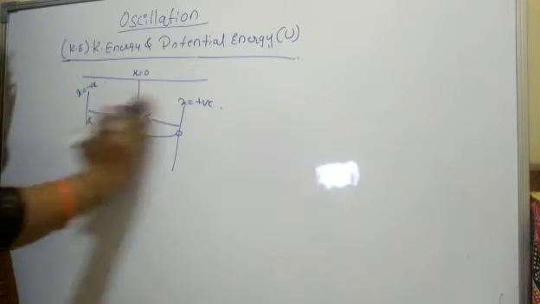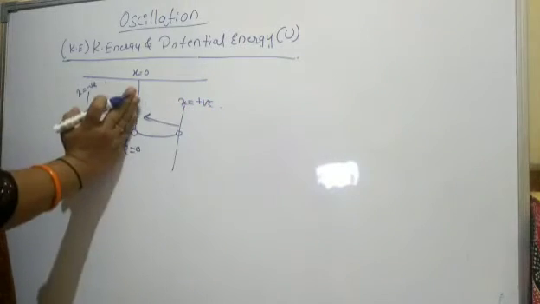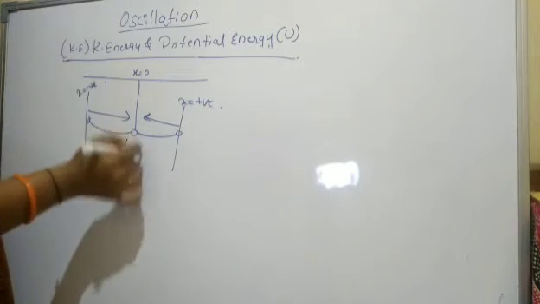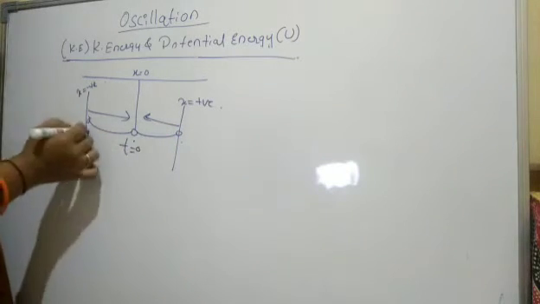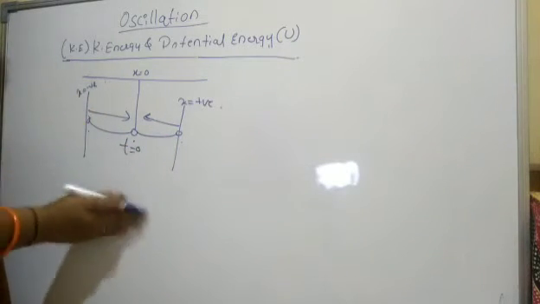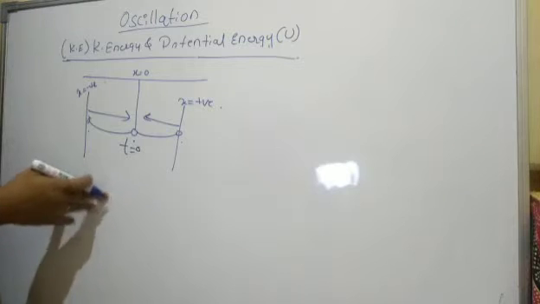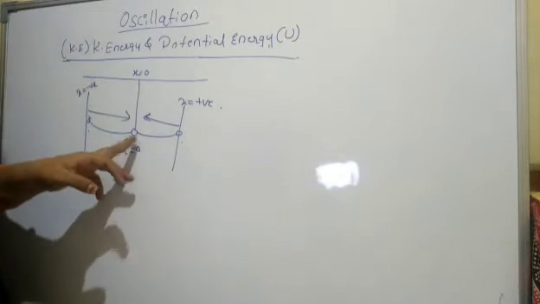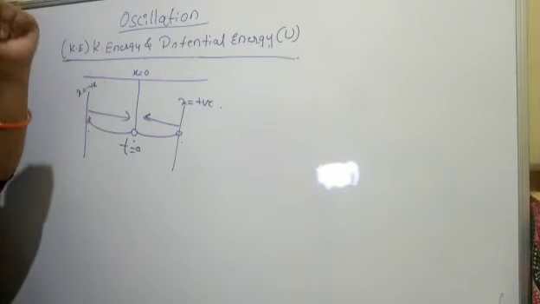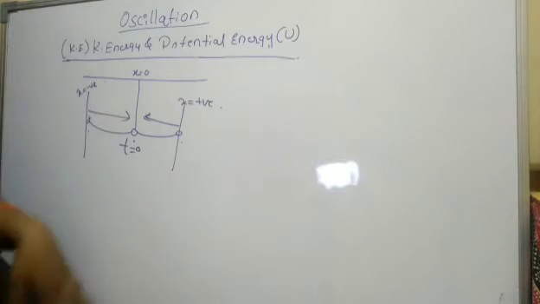Once it moves and comes back to the original position, it does not stay at the extremes. So it tries to come towards the mean position only, repeatedly coming back to its original position. That is simple harmonic motion.